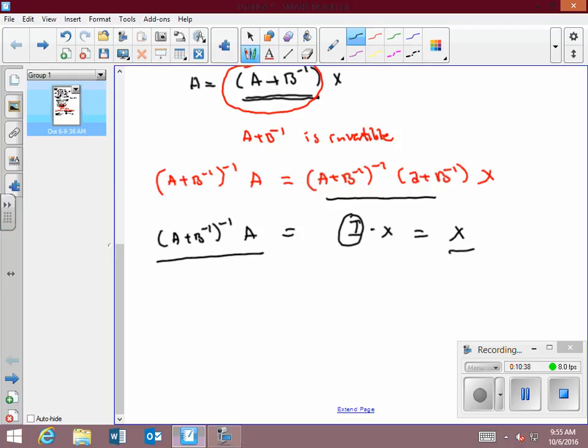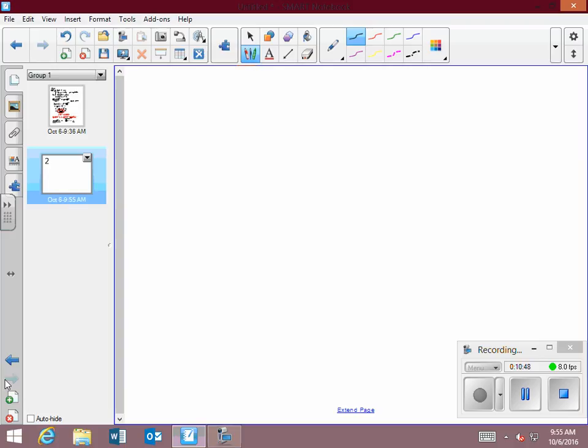So if we look at theorem 5, it says if A is an invertible n by n matrix, then for each B in Rn, the equation Ax equals B has a unique solution.